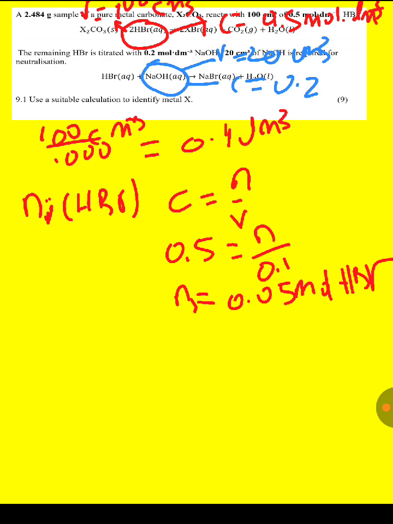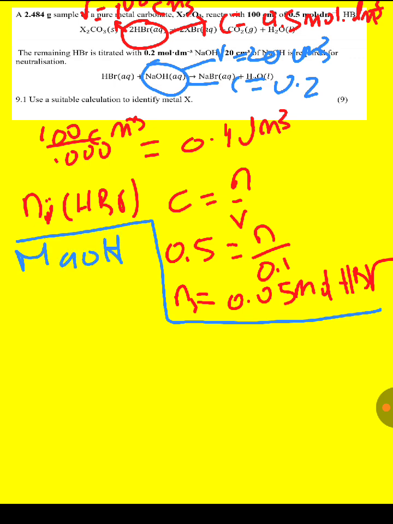I'm going to calculate the number of moles of NaOH, because in reaction 2, I don't have the number of moles of HBr. I'm going to use the number of moles of NaOH to get the number of moles of HBr in this reaction 2.